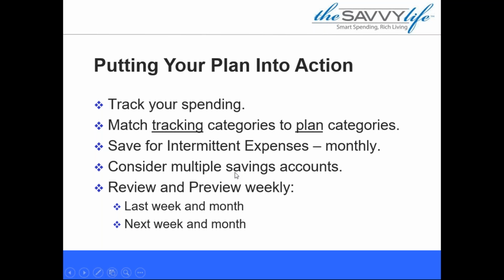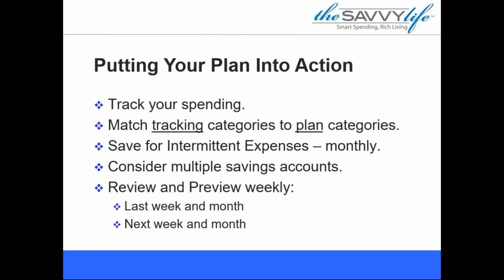Or a lot of clients, instead of having a drugstore category on their spending plan, will specifically call out a store like CVS. That's the drugstore. They want to make sure, again, it says CVS on my spending plan, so my tracking category is going to be CVS.